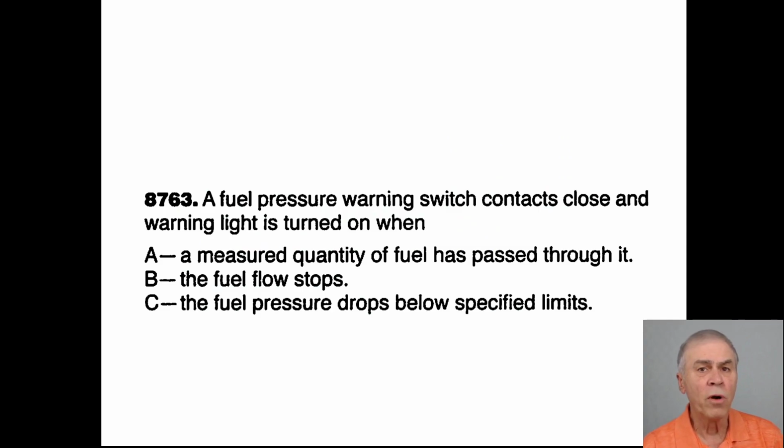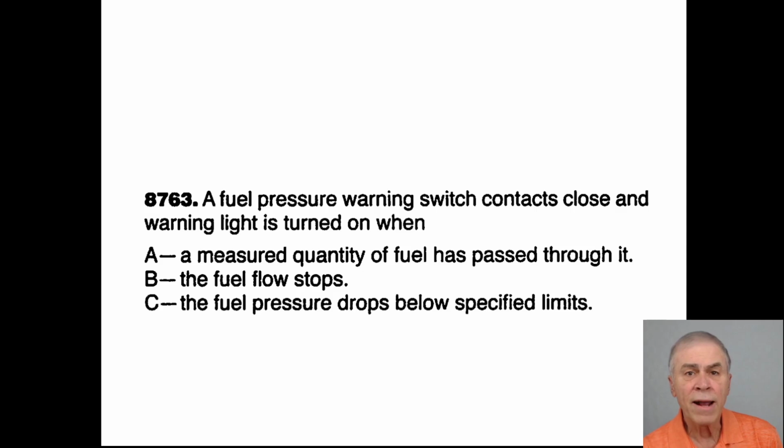A fuel pressure warning switch contacts close and a warning light is turned on when would the fuel pressure warning switch contacts close? In other words, the remote switch is closed, or the relay, and the warning light is turned on when A, a measured quantity of fuel has passed through it.